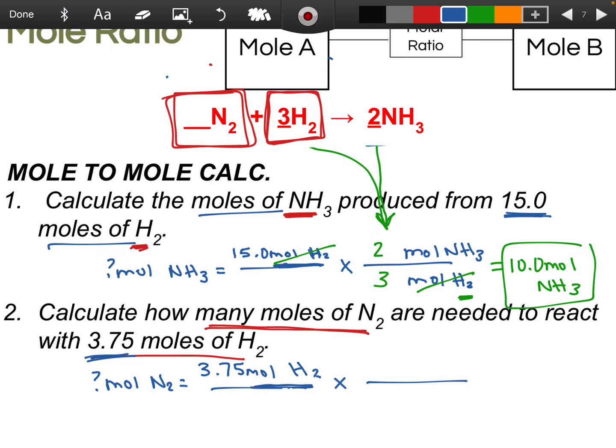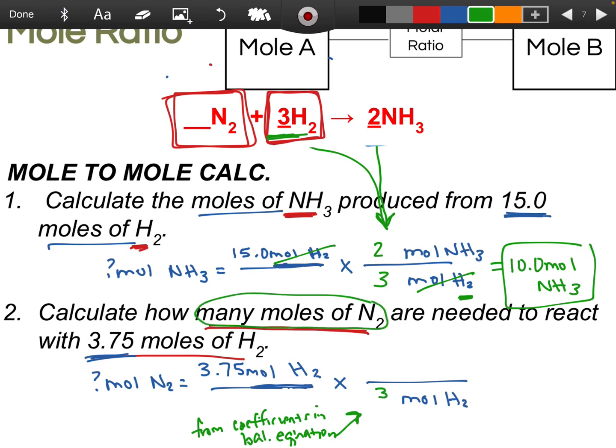Whatever unit you start with on the top gets transferred to the bottom of the next step. And then this is your mole ratio that you would find from the coefficients in the balanced equation. Sorry, my writing is a little messy. So moles of H2, we know that 3 moles of H2. We want to end up with how many moles of N2?